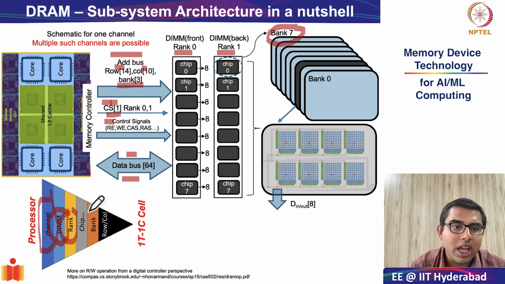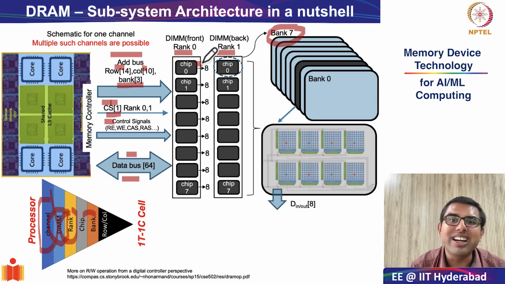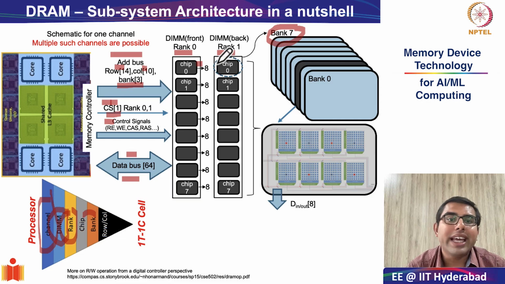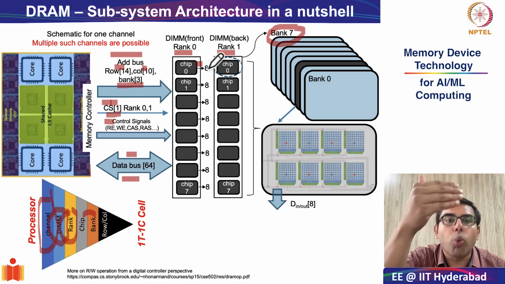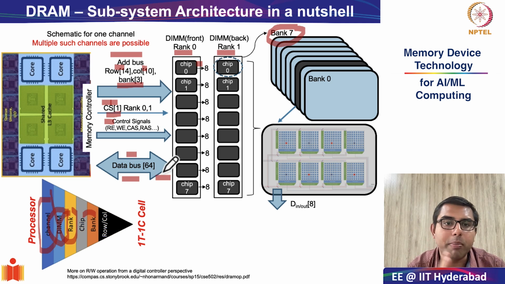Since information comes out of only one bank at a time, each chip gives out data only from one of the 8 banks which constitute the chip. Therefore, at a time, each chip gives out only 8 bits of data. And therefore, the 8 chips which constitute one rank will give out 8 into 8, 64 bits of data, which finally goes into or out of the data bus, depending on whether you're doing a read or write operation.